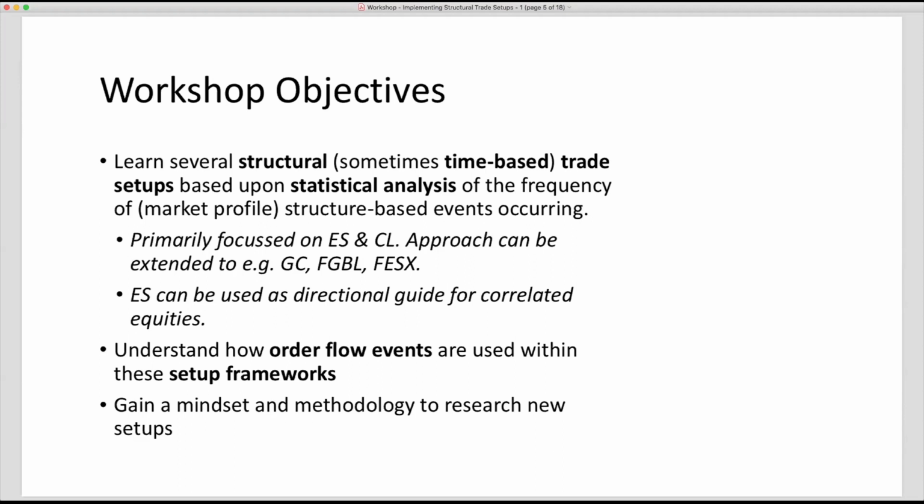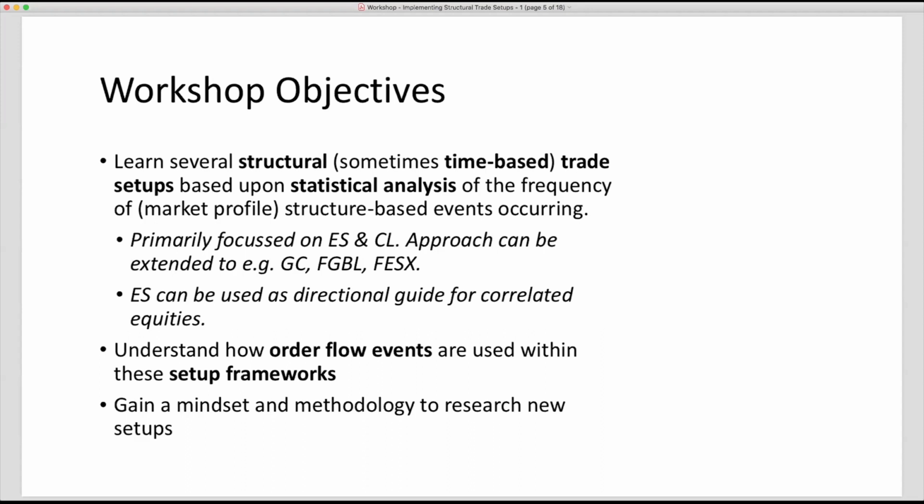Trade setups work as filters for us to consider taking a trade within the framework of this setup. So what I'm doing in this workshop is we're going to explore half a dozen conditions that occur within market structure, which then allow us to look closer at what's going on in the order flow to consider taking a trade within the framework of this setup.